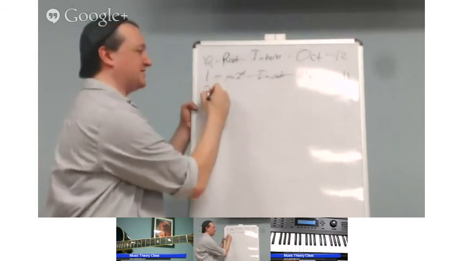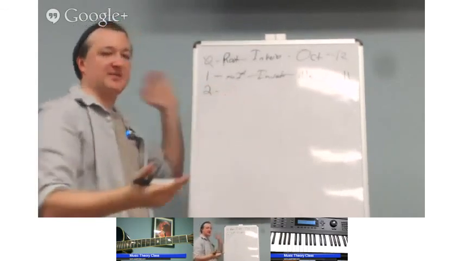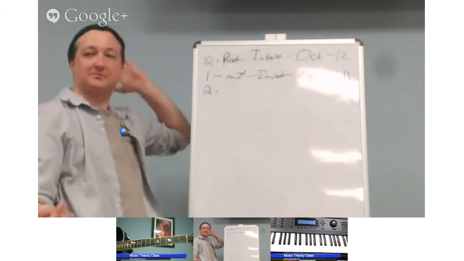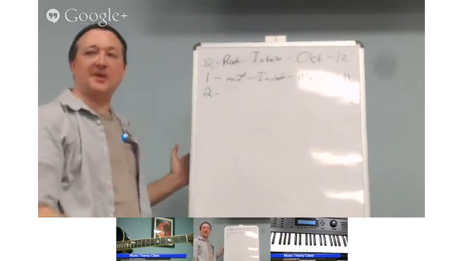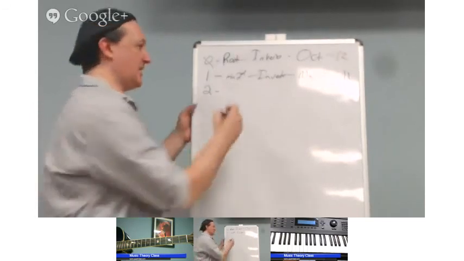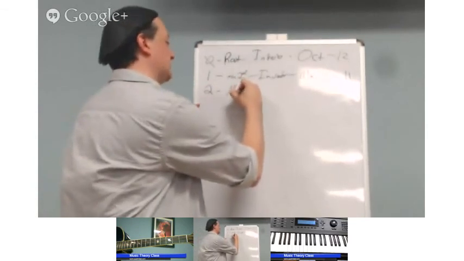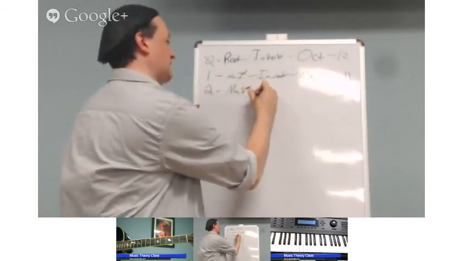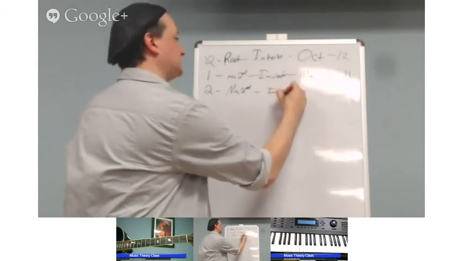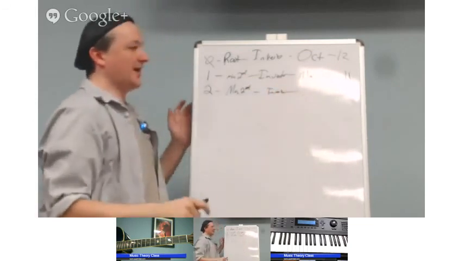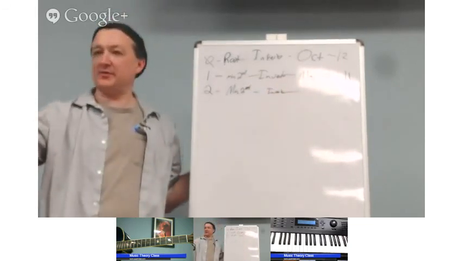Okay? Let's go 2 half steps. What do we call 2 half steps? There's a term for it. 2 half steps is called a major second. Everybody say major second. Okay? If we invert that, let's look at it from a half step perspective for a second.